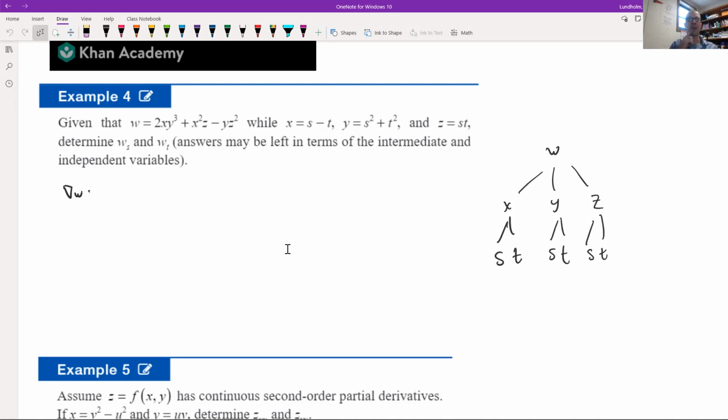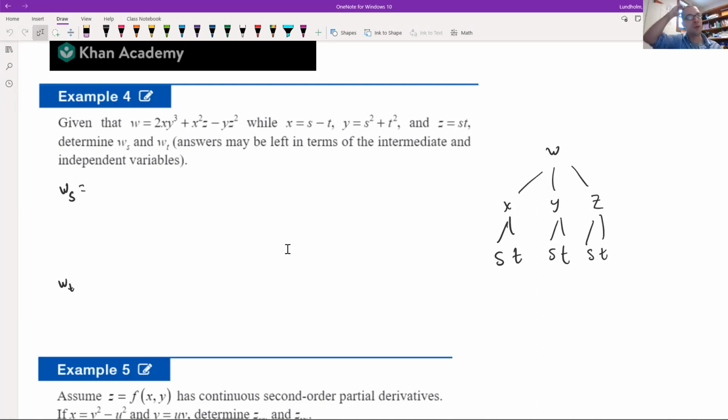Okay, gradient of w. Okay, actually, hold on. To find W sub S, and then we're going to do W sub T down here.